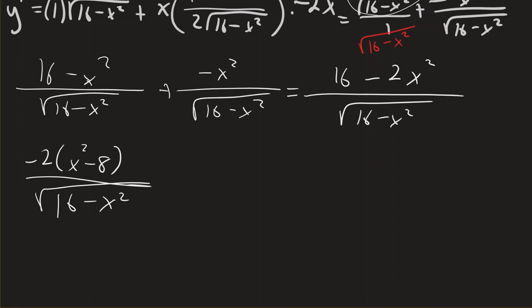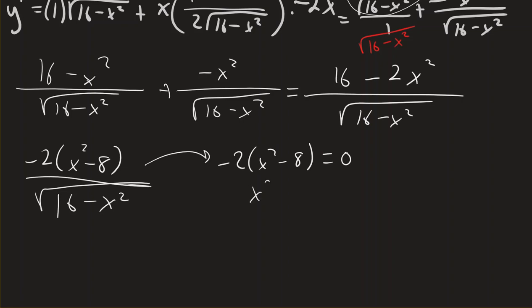Where does this equal 0? Well, a fraction is going to equal 0 when the numerator equals 0. And we've got to be careful that it doesn't also make the denominator 0. That would be 0 over 0.